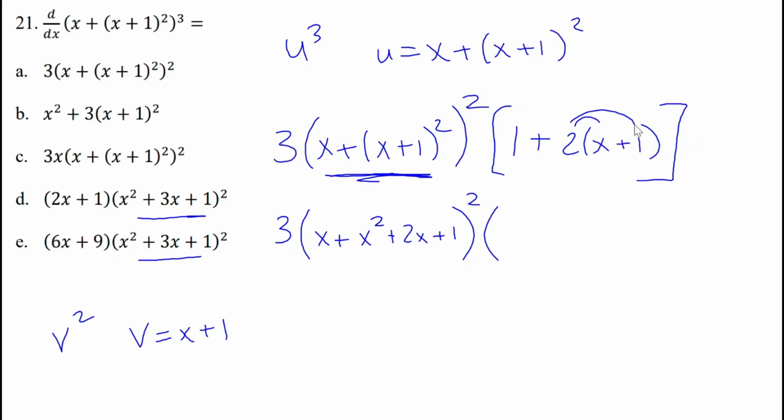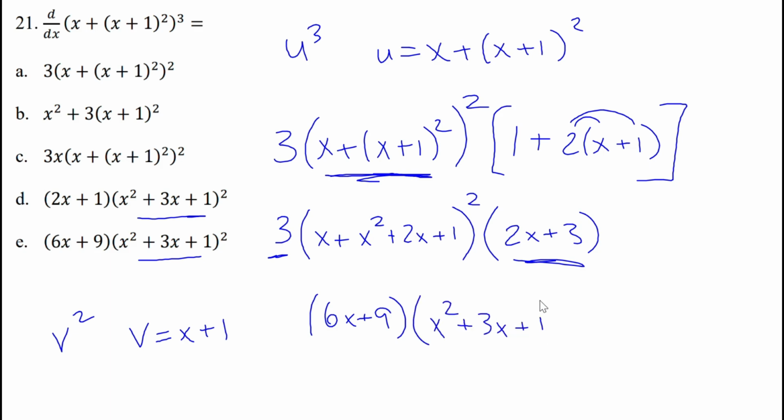That's 2x plus 2 plus another 1, so 2x plus 3. And we then probably see that this is going to be answer choice E. 3 times 2x plus 3 is going to be 6x plus 9. And then inside those parentheses, I've got x squared plus 2x plus 1 squared, which looks just like choice E.